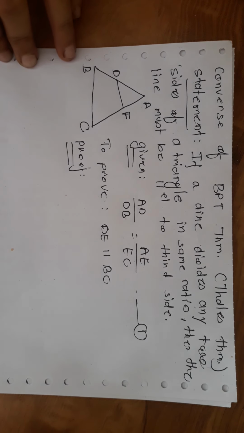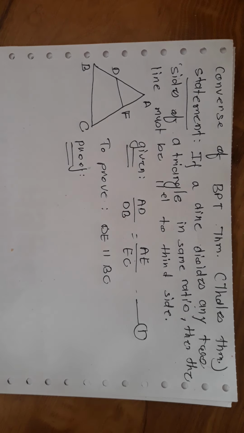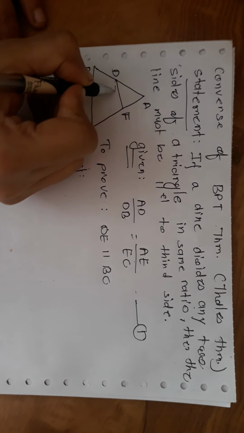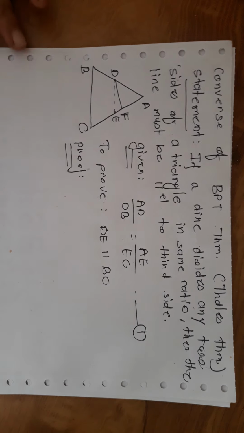First of all, DE is given to you as a line that divides two sides of a triangle in the same ratio, but we are not considering DE as the parallel line.